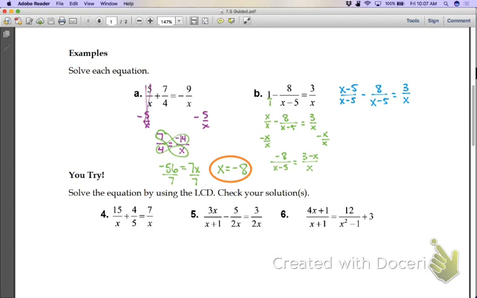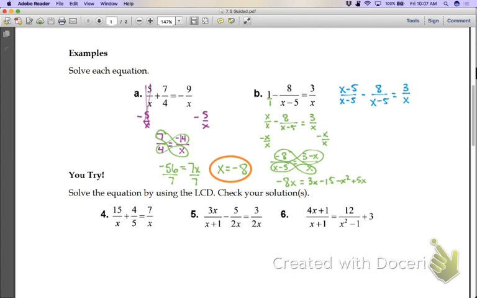Either way I'm going to have to cross multiply somehow. If I do that, I have negative 8x equals 3x, negative 15, negative x squared and positive 5x.